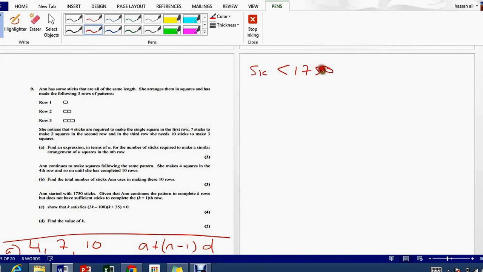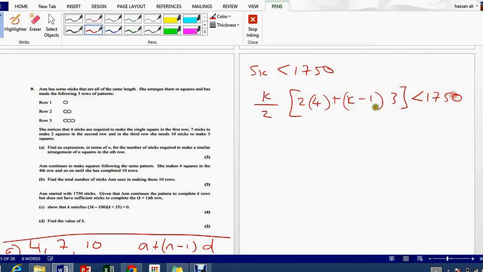It's the same formula that we use, but this time we're going to use k. Again, 2a plus your k minus 1, times your d, which is 3, and all of this has to be less than 1,750. So it's an inequality here as well.